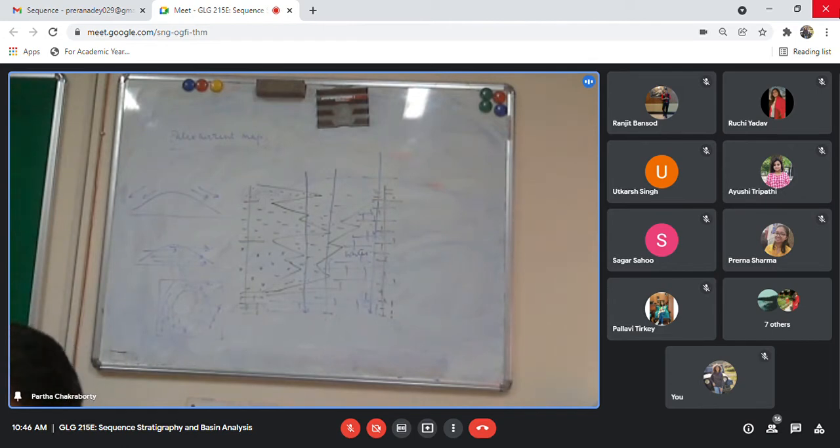All this helps us identify what kind of tectonic setting we are working in, and helps in the tectonic modeling of the basin. Now, this is what I thought of discussing.